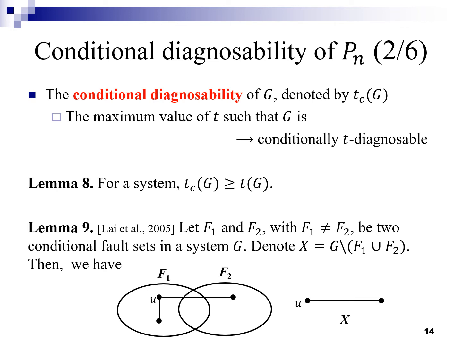One is located in F1 divide F2, and another one is located in F2 divide F1. The second observation is that if a node u is located outside F1 and F2, then the node u must have a neighbor both outside F1 and F2.